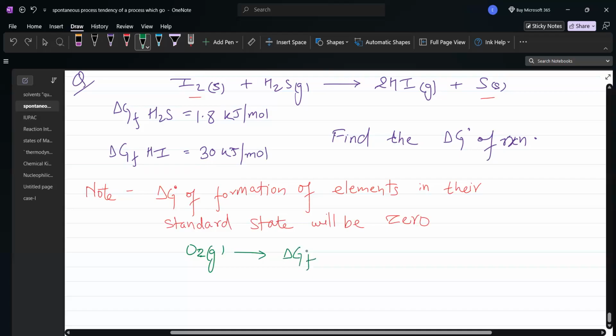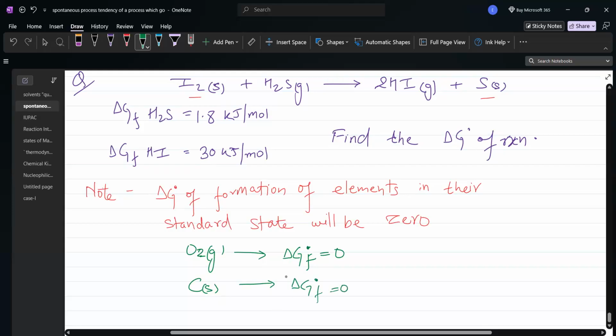It will not be mentioned in your question. We have to take delta G of formation of oxygen as 0. Tell me, if carbon solid is present, this is the natural state of carbon, right? In solid form, its delta G of formation is considered as 0.